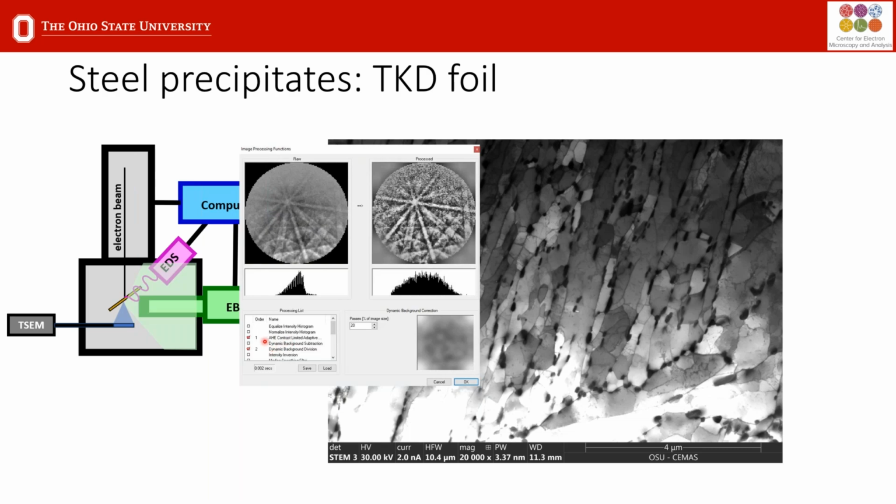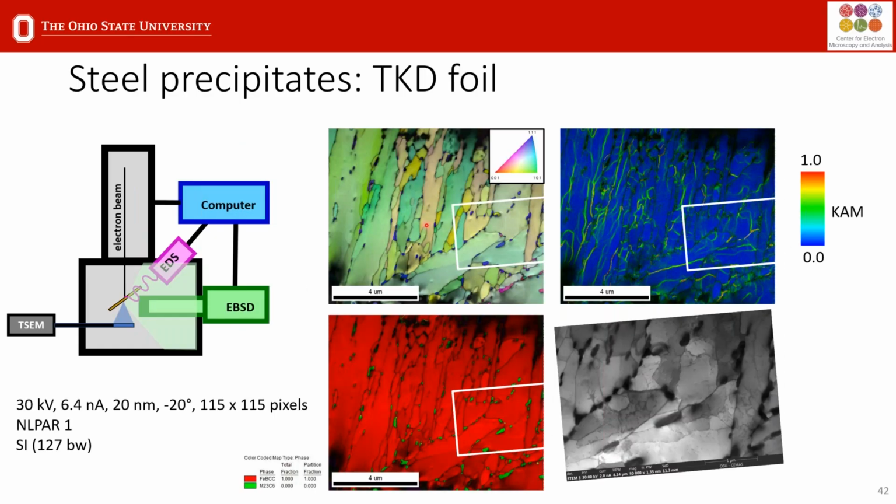In this case, we apply a dynamic background division instead of subtraction, and that works quite well. And then just an adaptive histogram equalization, and you can get very nice quality patterns with high contrast that will really also help to improve the indexing success.